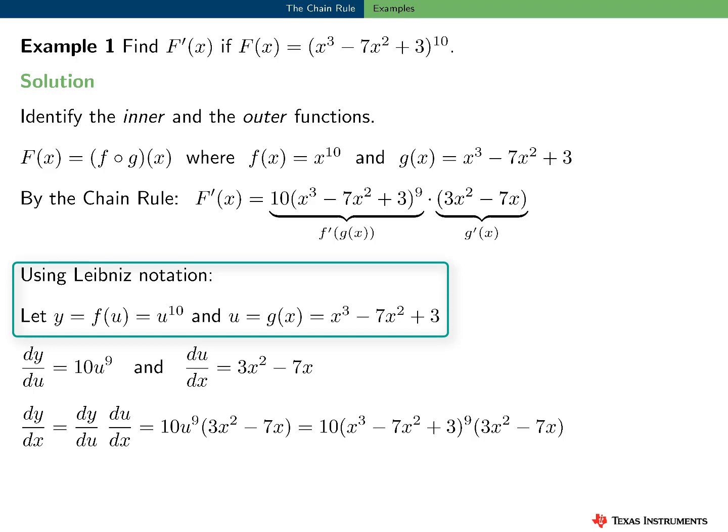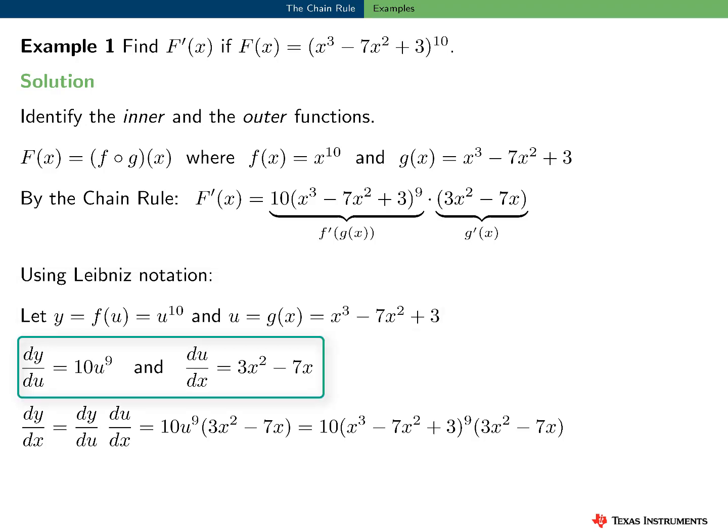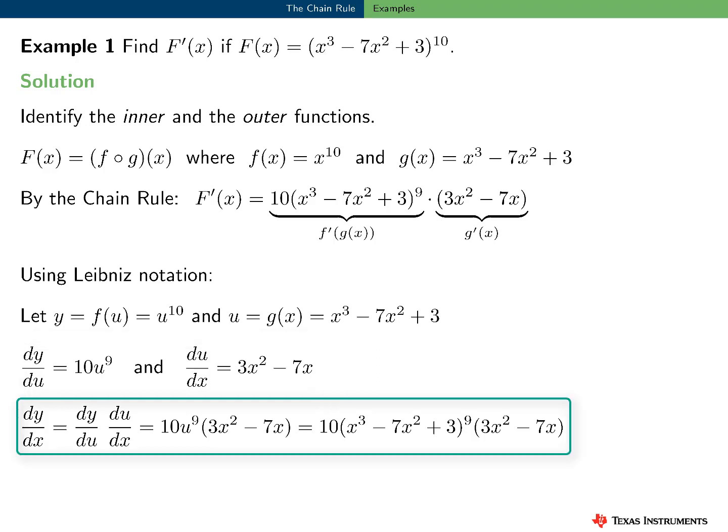I'll begin by identifying the inner and the outer functions, and I'll let f of u be u to the 10th, and u equal to g of x be that polynomial. I'll find the derivative of each one of these functions. I'll find dy du and du dx. And then I'll put all of this together by finding dy dx, which is the product of dy du and du dx. And I need to finish this off by using the expression for u in terms of x.